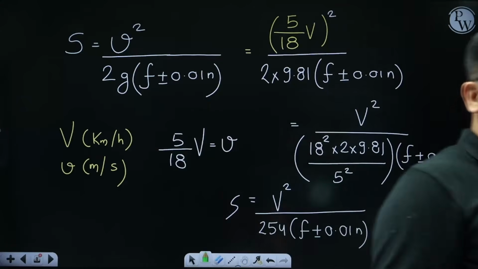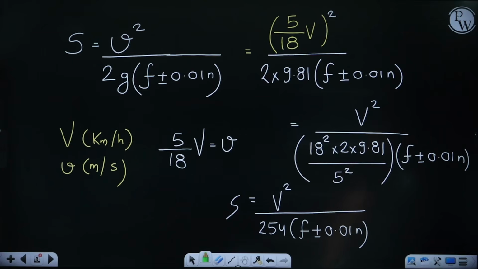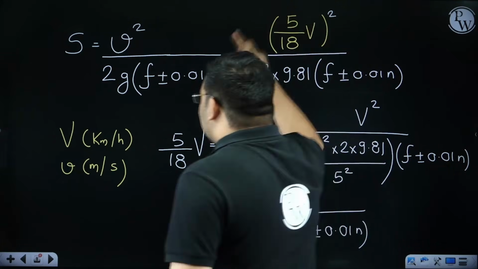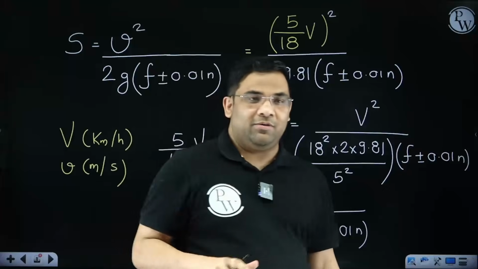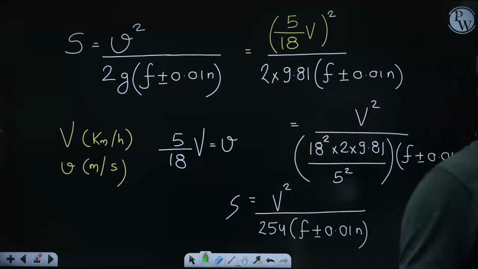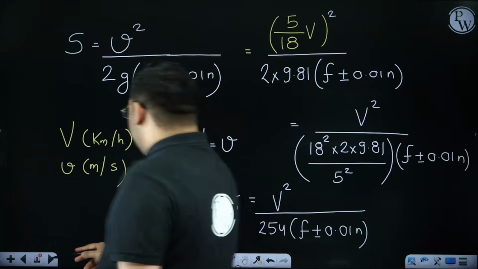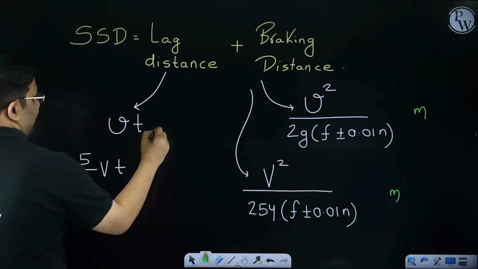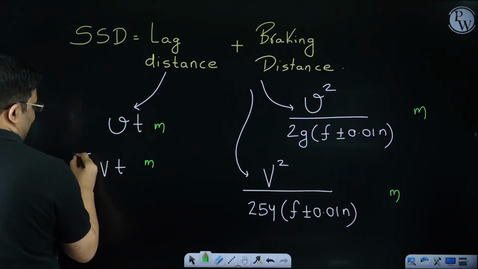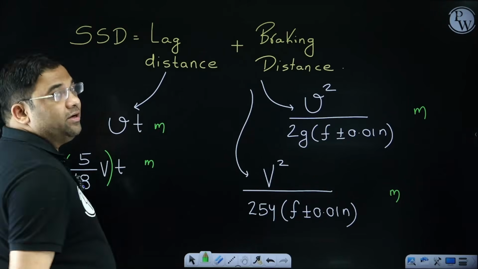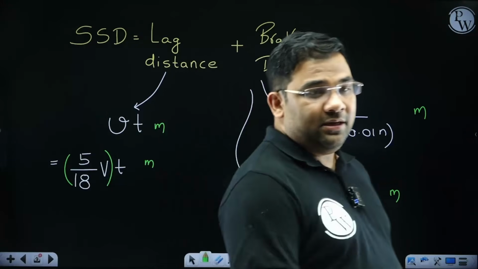So although capital V is in kilometer per hour, when you have multiplied by 5 by 18, it is now in meter per second. So both will give me the result in meter, because this is also 5 by 18 capital V, so it is also converted into meter per second.